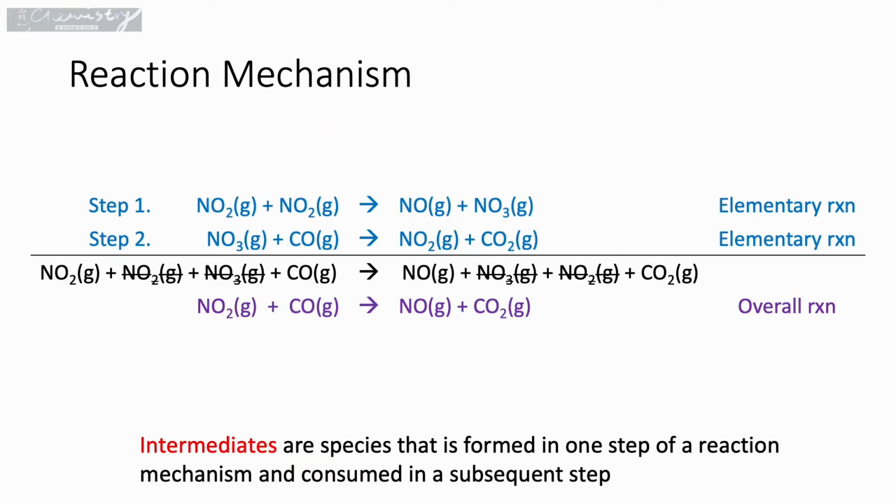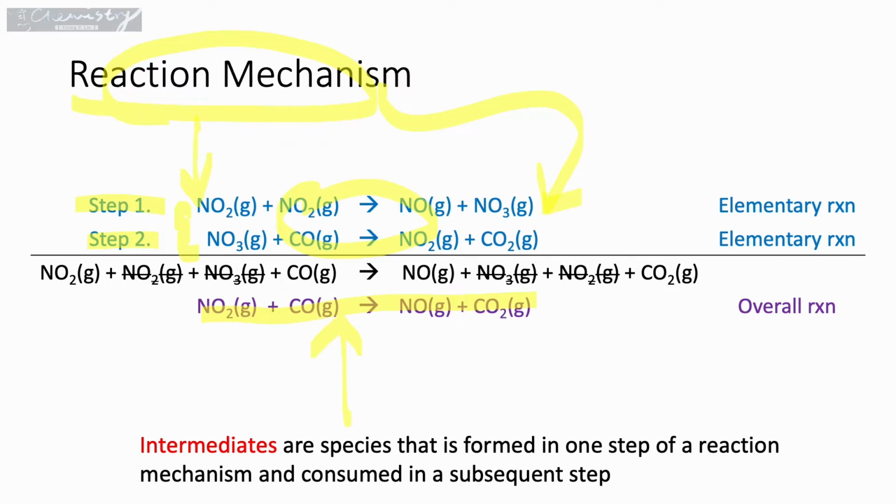So remember, the first criterion for having a plausible mechanism is that the elementary steps must sum up to be the overall reaction. This means that when we have step 1 and step 2, this is the reaction mechanism. We are trying to find the individual steps because in the reaction we can identify the products and the reactants, but the idea of proposing a reaction mechanism is how they go from reactants to products.